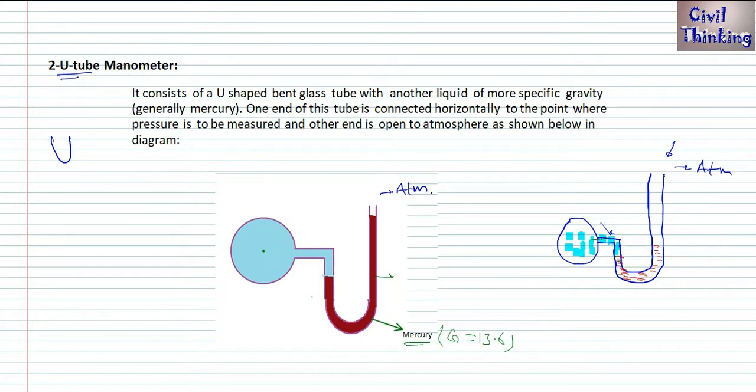It will exert some force on this mercury, so this level will go down and here the level will rise like this. Now this way we can find the pressure in this pipe with the help of rise in this liquid.